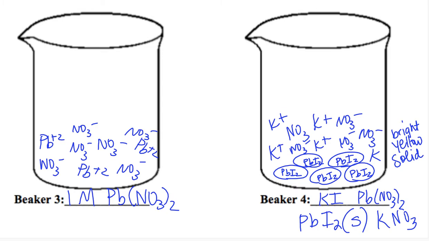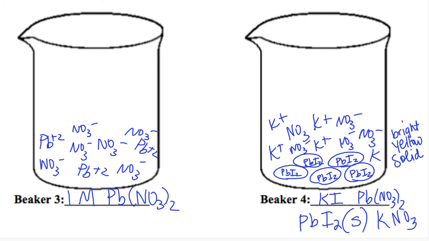Okay? All right. I'll just leave that. That would be beaker 5. So I'm not doing a beaker 6. So in beaker 5, go ahead and just draw little circles of sugar, and no conductivity happened.